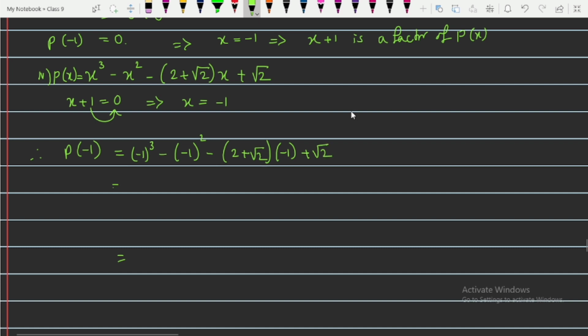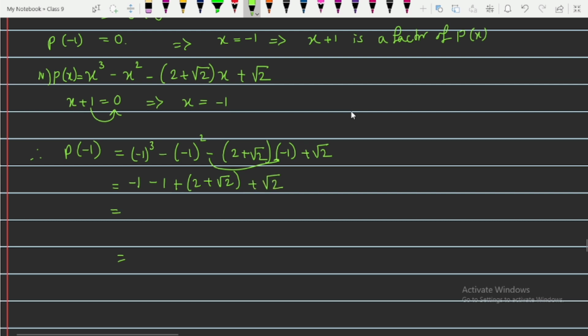Now (-1) cube is minus 1, since the power is an odd number it stays minus. (-1) square is plus 1. Then minus into minus is plus 1 into this (2 plus root 2), which is 2 plus root 2. Last, root 2 as it is.